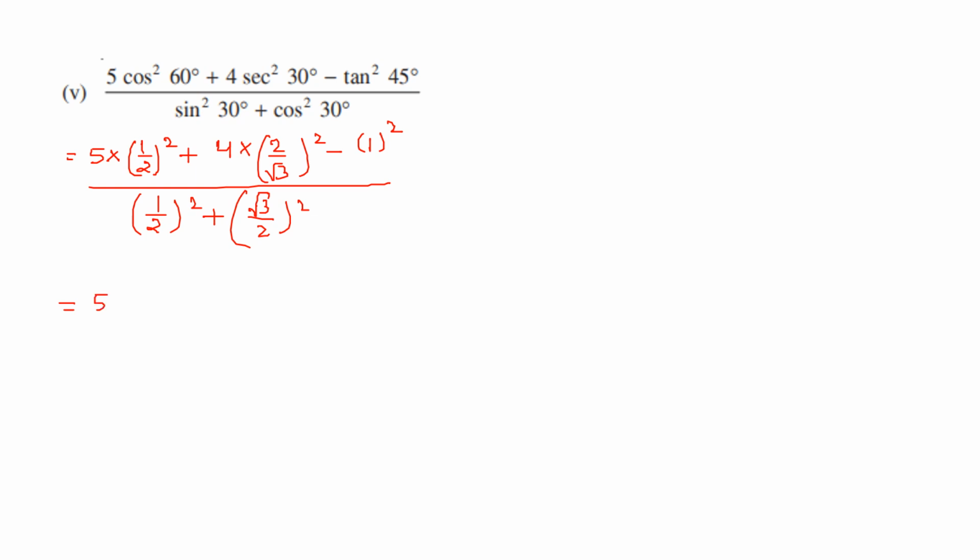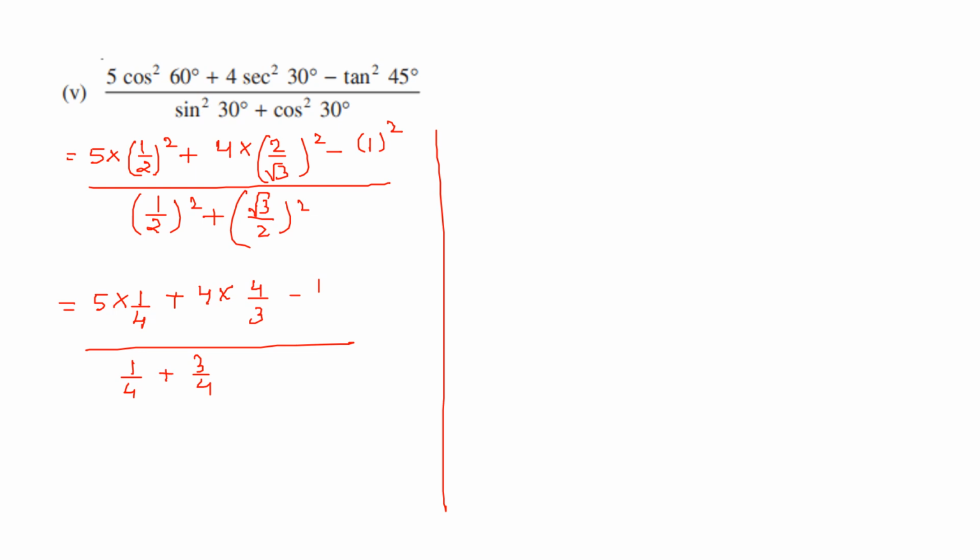Now 5 into 1 by 2 square is 5 by 4, plus 4 into 2 by root 3 whole square, which is 4 by 3, minus 1, divided by 1 by 4 plus 3 by 4. Okay. Now if you see the numerator part, 5 into 1 by 4 is 5 by 4 plus 4 into 4 by 3 is 16 by 3 minus 1, divided by 1 by 4 plus 3 by 4. So the denominator is 1. Okay.